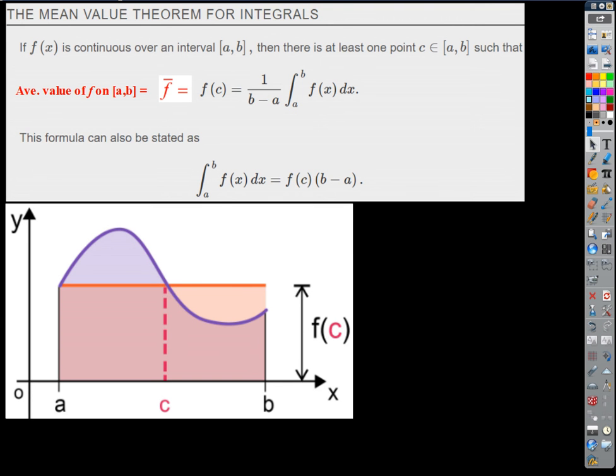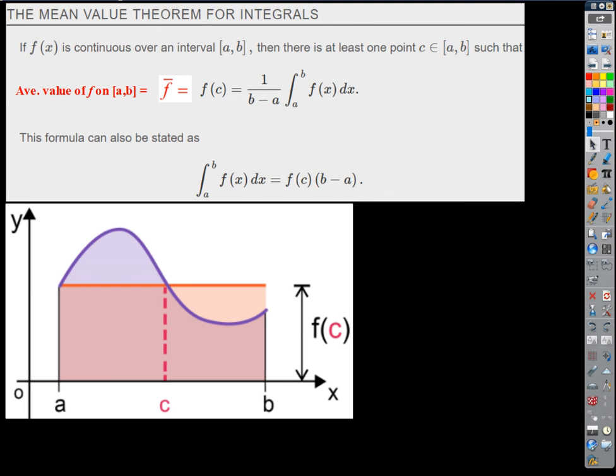So, the mean value theorem, and this is pretty interesting stuff. This allows us to solve an interesting problem. If I wanted to define an average value of some function on an interval, how might I do that? We're used to taking a regular old arithmetic average where we add up a bunch of things and divide by the number of items.